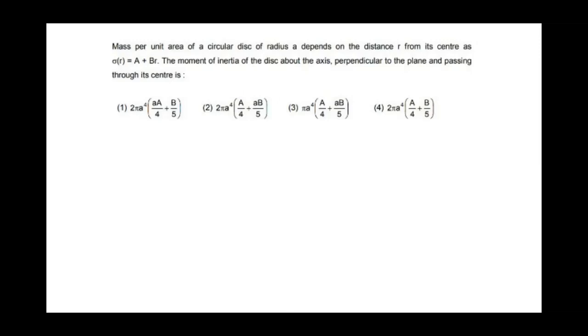So what students will start doing is they will draw a disk like this. Then draw the axis. And once they are convinced with the axis, they will take a unit mass. So the unit mass dm, in this case, will be a ring of radius r, let's say.